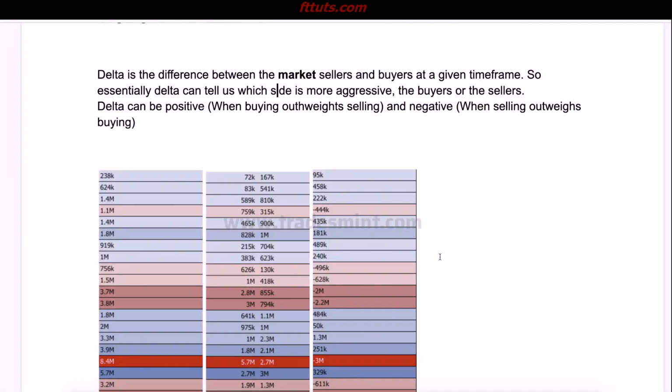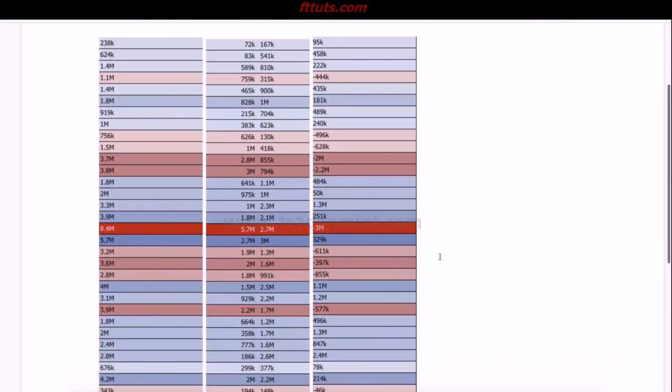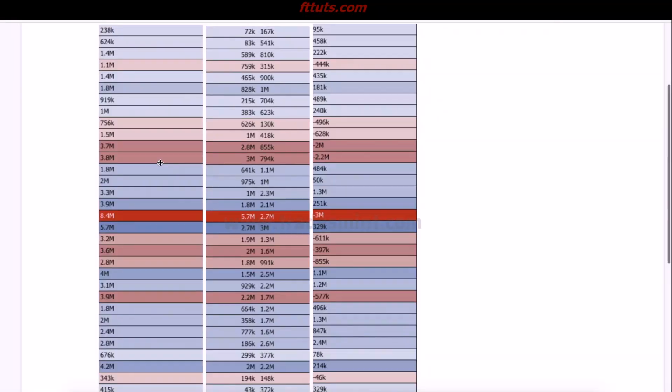So when we are looking at the candles in a footprint chart, there are three basic views we can have. We've already gone over this. We have delta, we have bid ask, and we have volume. Okay, now these are three candles. They're the exact same candle, but over here on the left, this is just telling us the volume.